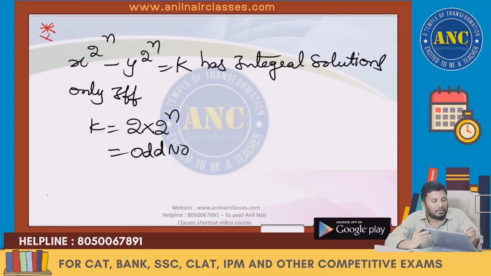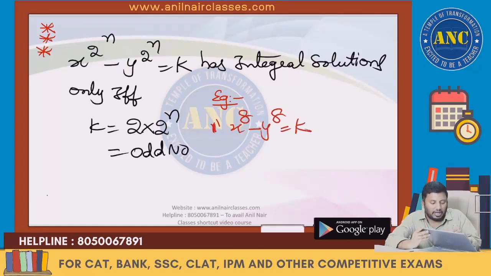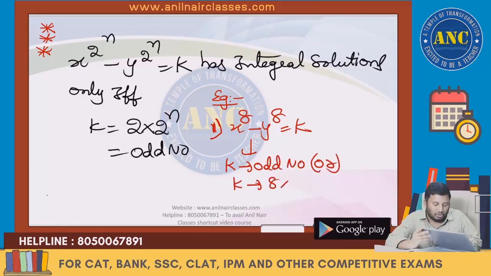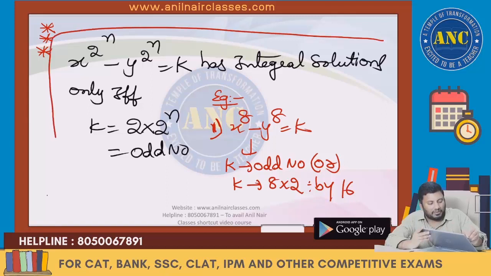Please write down. Based upon this example, if it is x⁸ − y⁸ = k, this has integral solutions only if k is an odd number or k is a multiple of 8 into 2, which is nothing but divisible by 16.